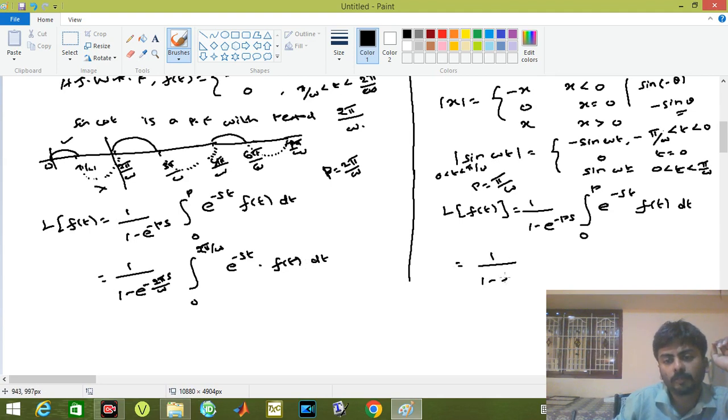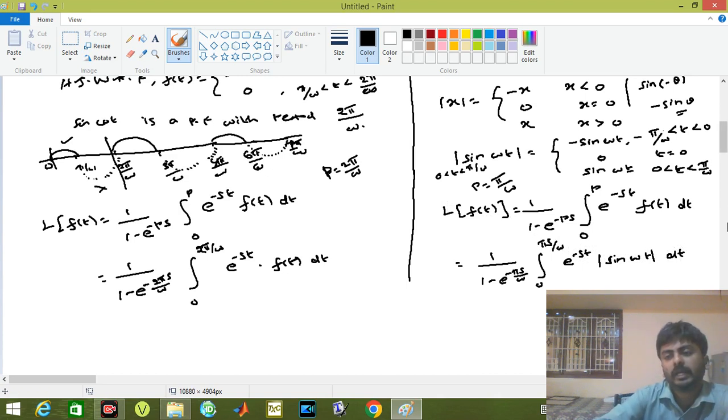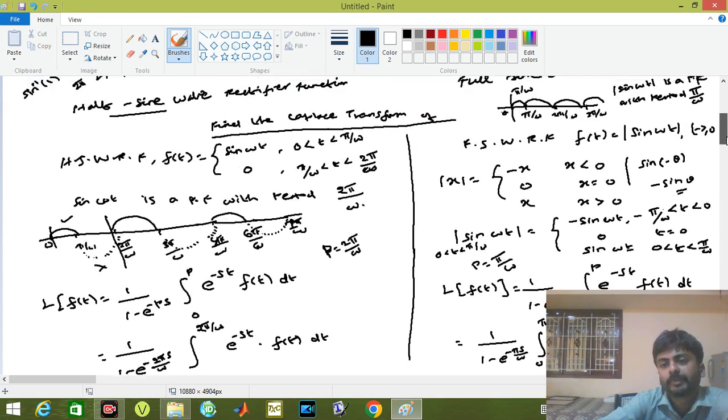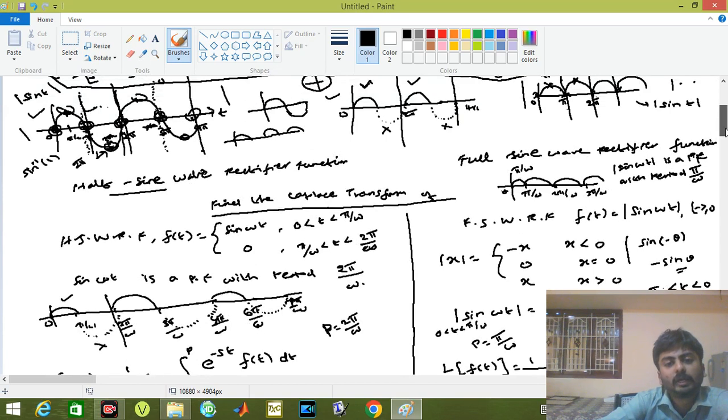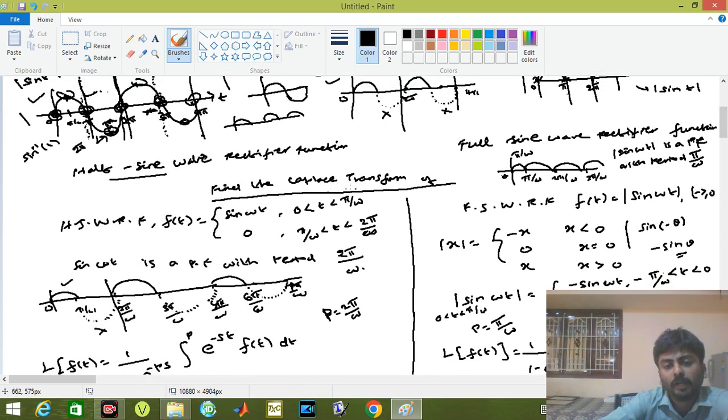Okay, here it is 1 by 1 minus e power of minus pi s by omega, integral 0 to pi by omega, e power of minus st f of t dt. They have given f of t as modulus of sine omega t. Actually, it is not necessary to mention sine omega t into dt. Okay. See here in the question, they have given only for 0 to pi by omega, you will have the value sine omega t.